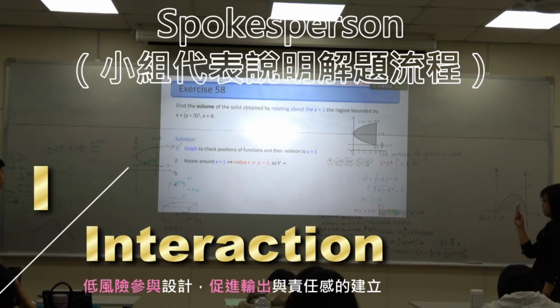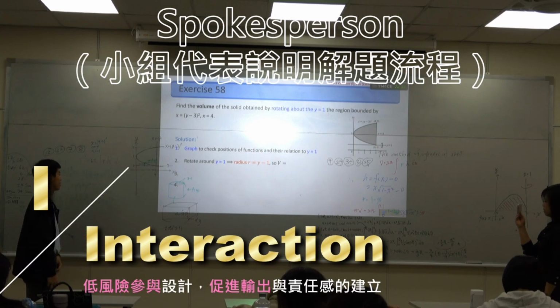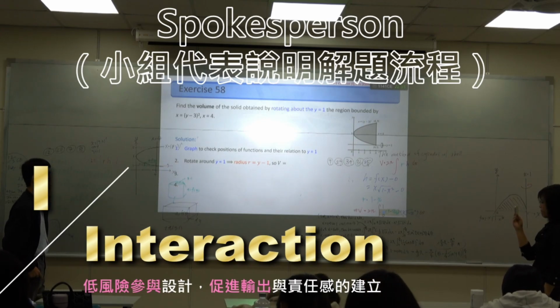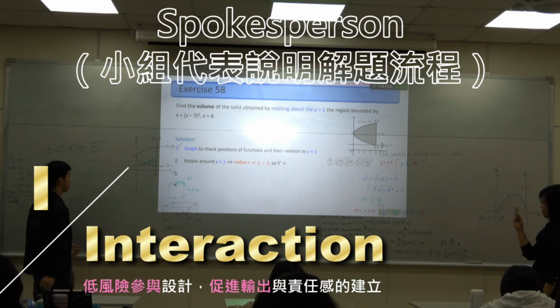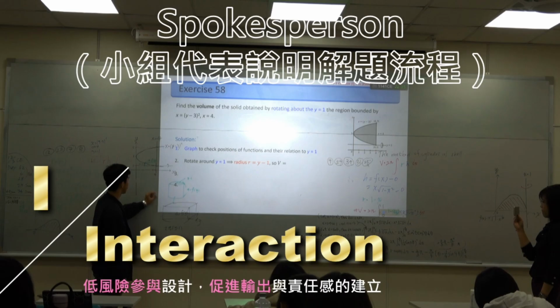So we first think about the disk and washer method. However, we can't find the outer radius and the inner radius, so we can't use this method. So maybe we should try the shell method. And before we use the shell method, we need to identify this hollow cylinder's volume.